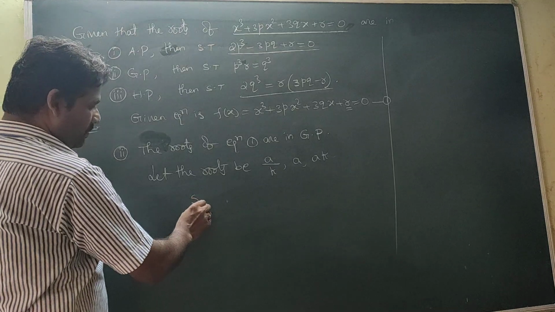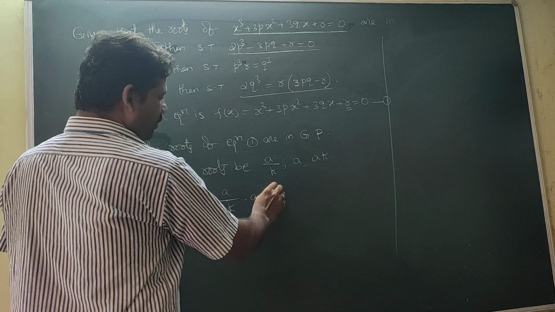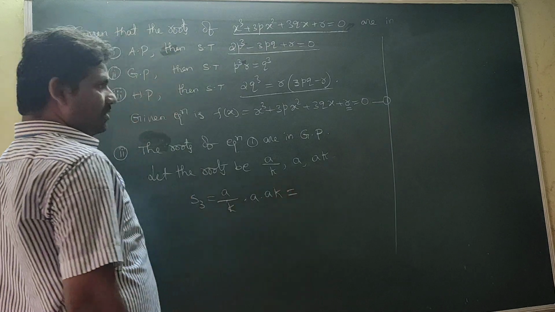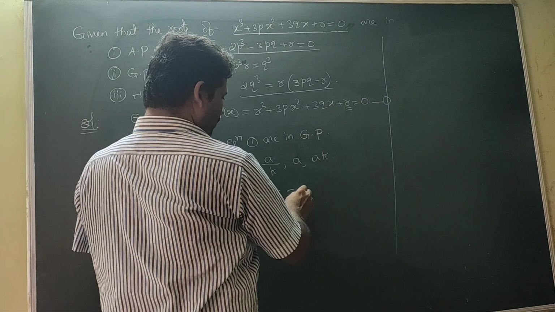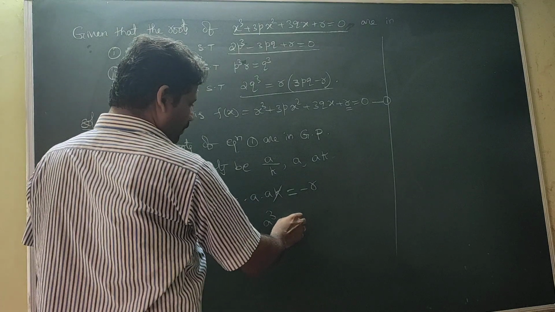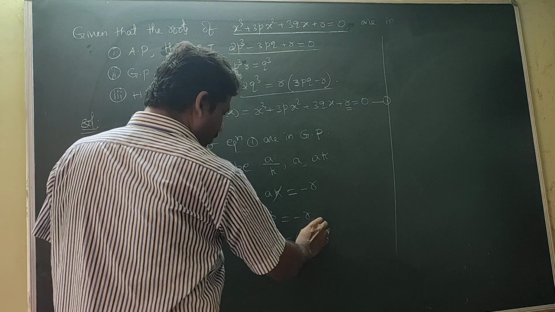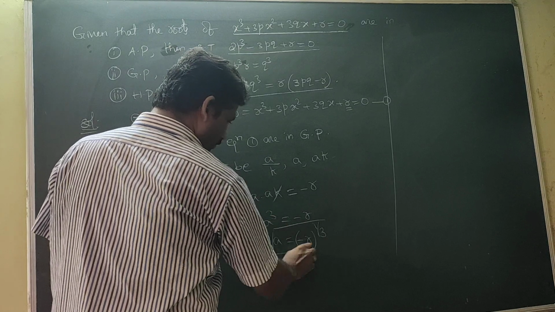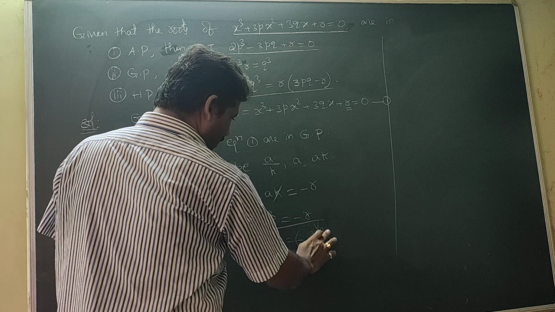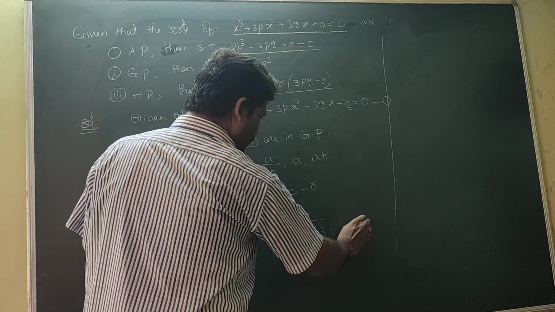What is S3 equal to? a by k, a, into a k, that equal to minus r. Cancel k, a cube equal to minus r. a equal to minus r whole power 1 by 3.